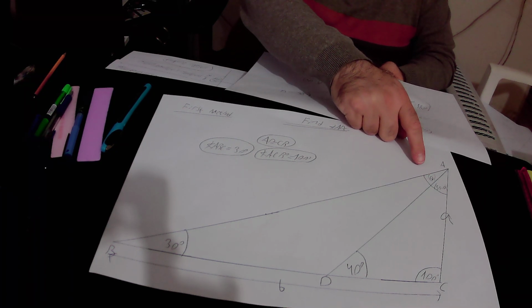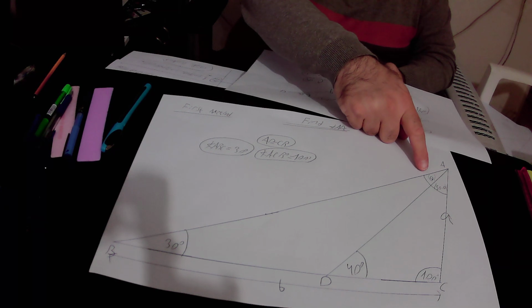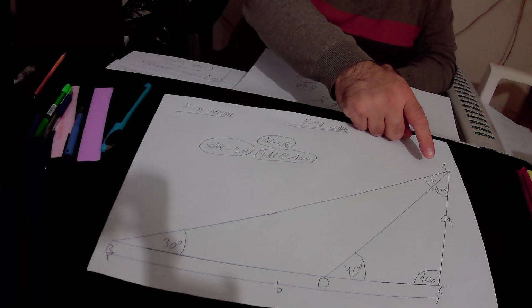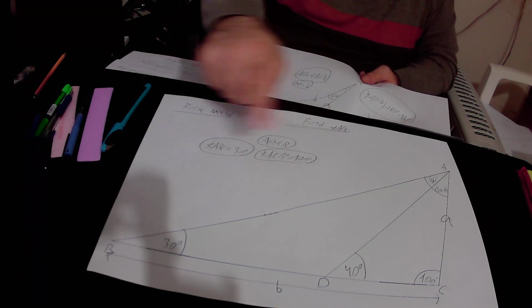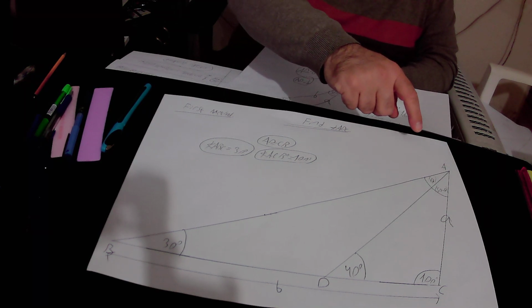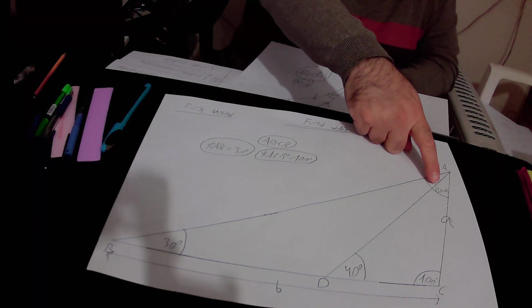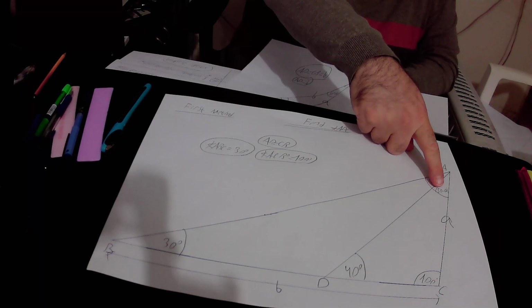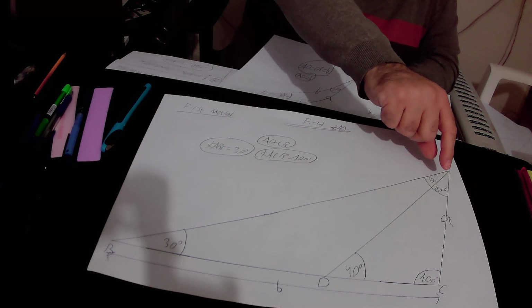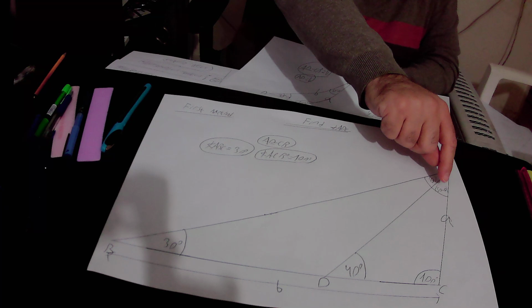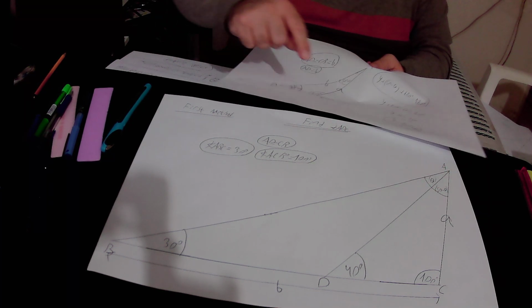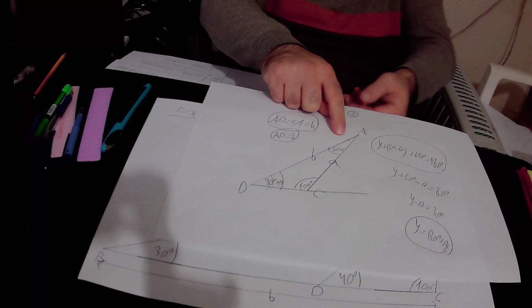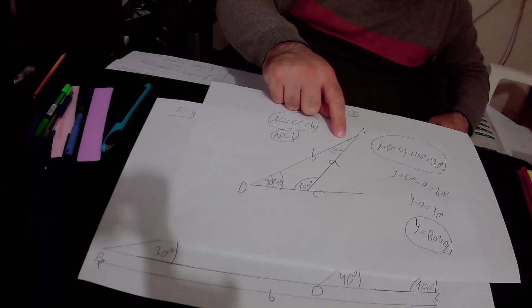So if we define angle BAD as theta, then angle DAC must be equal to 50 degrees minus theta, because in total angle BAC must be equal to 50 degrees. In order to complete the sum of those two angles to 50 degrees, this angle must be equal to 50 degrees minus theta. So we found out that this angle DAC equals 50 degrees minus theta, this angle is 100 degrees, and this angle is the missing angle.